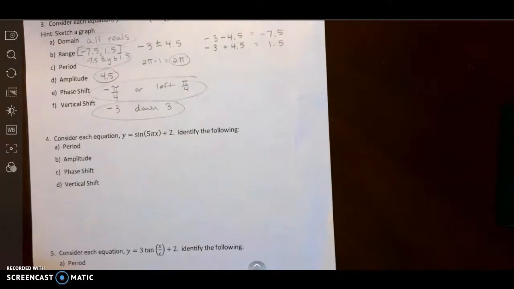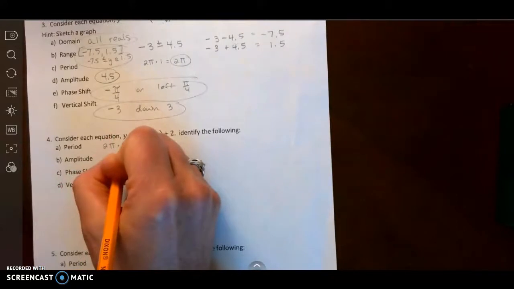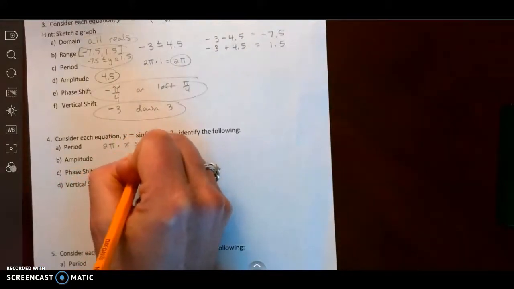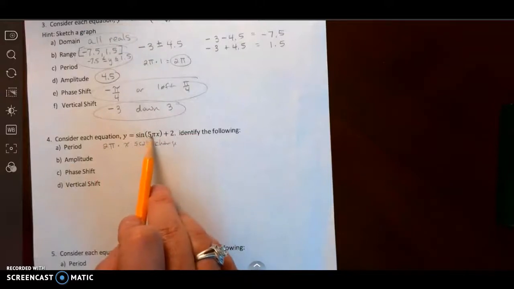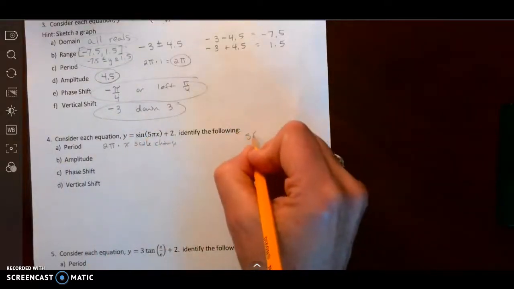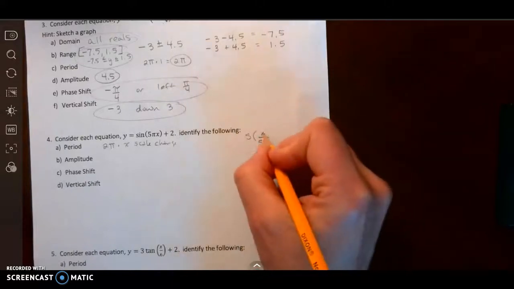Let's go to number 4. We are asked for the period. Period is always 2 pi times the x scale change. Now, the x scale change, there is one here. In the equation, it says times 5 pi, which means in the scale change, it would have been x divided by 5 pi.